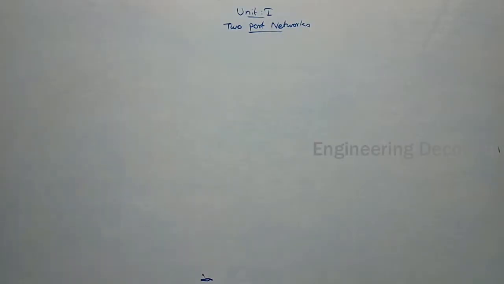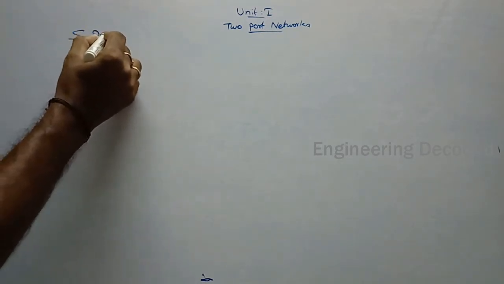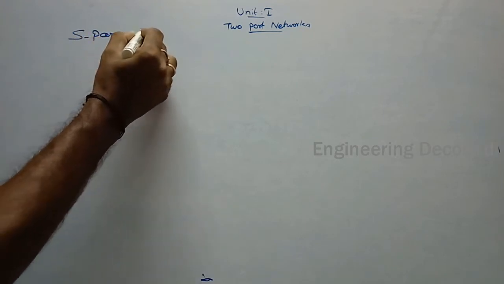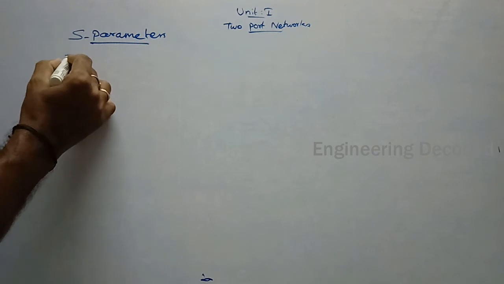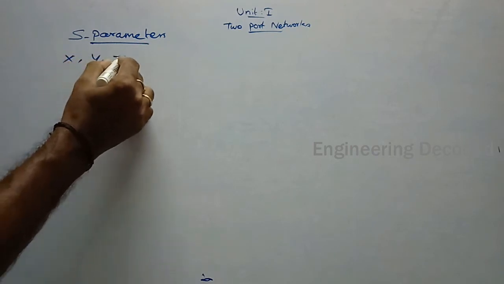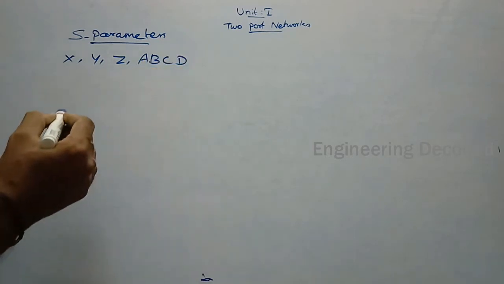In today's class, we will see about S parameters. So far we have seen Z, Y and ABCD parameters.